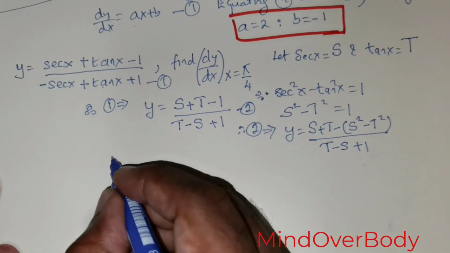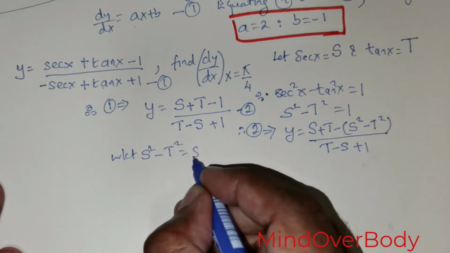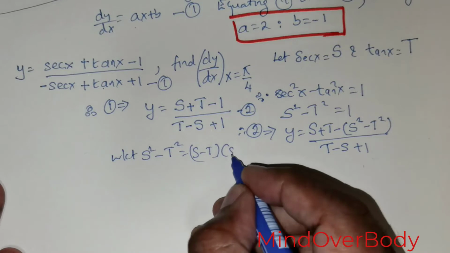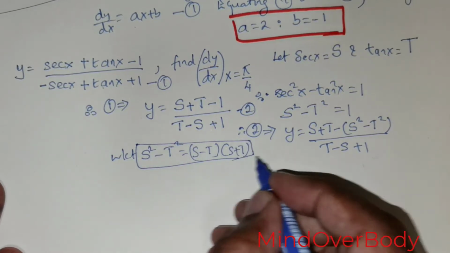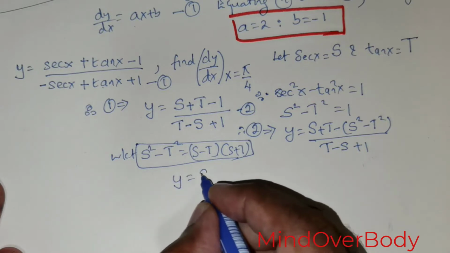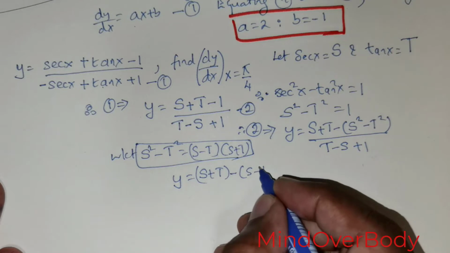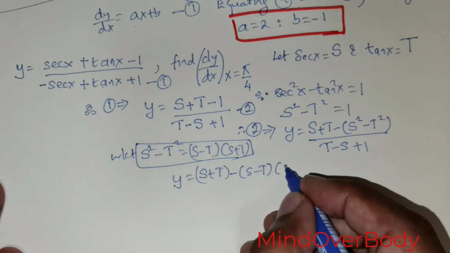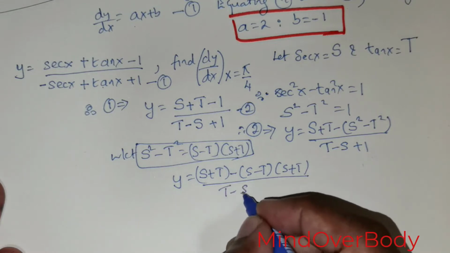Now we know that S squared - T squared is (S - T) times (S + T). We can use this formula. So if I were to use this formula, y is equal to (S + T - (S - T)(S + T)) divided by (T - S + 1).